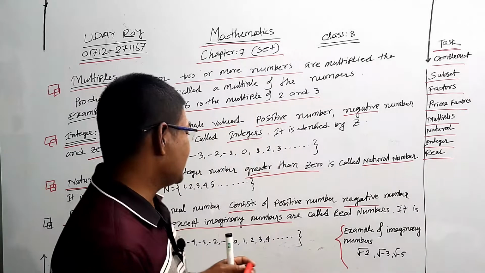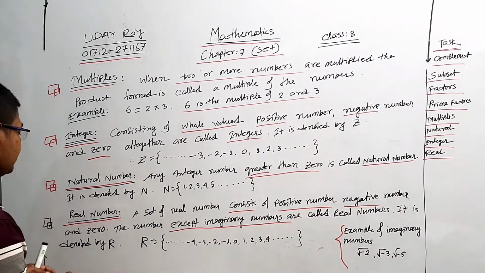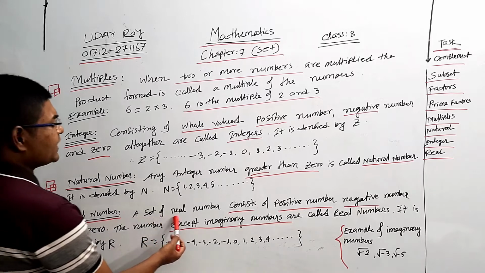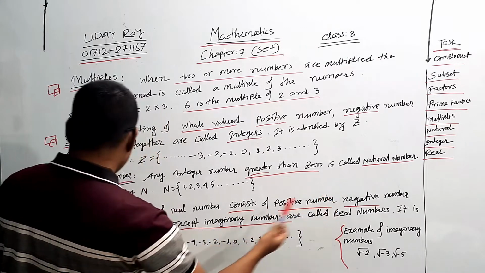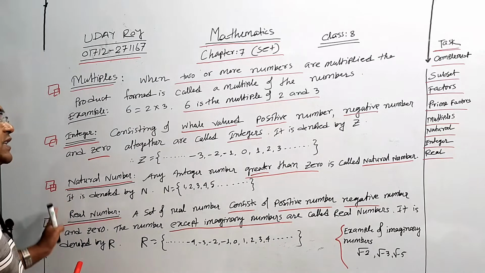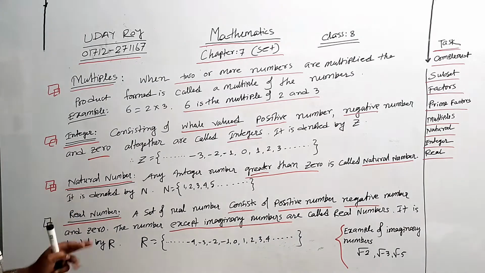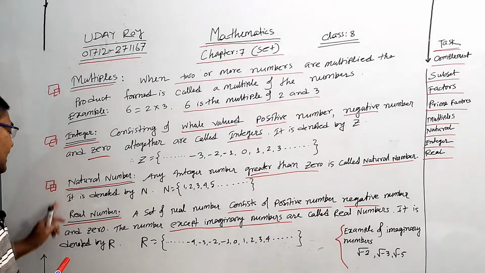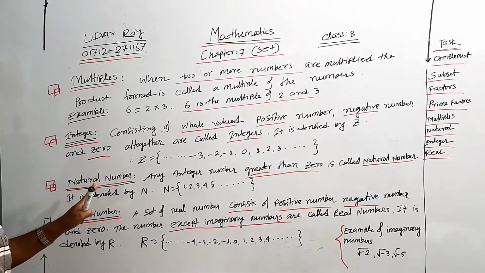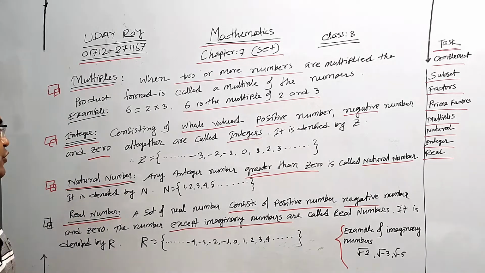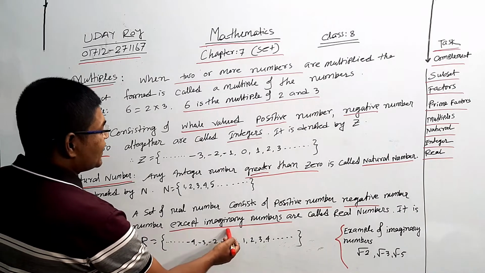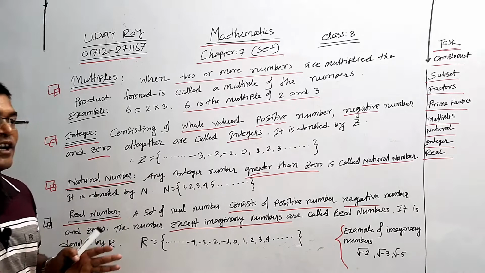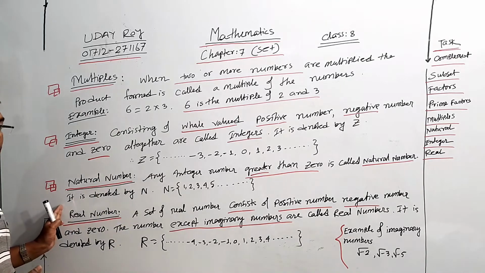Now come back, another point, the real number. A set of real numbers consists of positive numbers, negative numbers and 0. You can see the integer and real definitions are the same, but you have to be careful. The numbers except imaginary numbers are called real numbers.